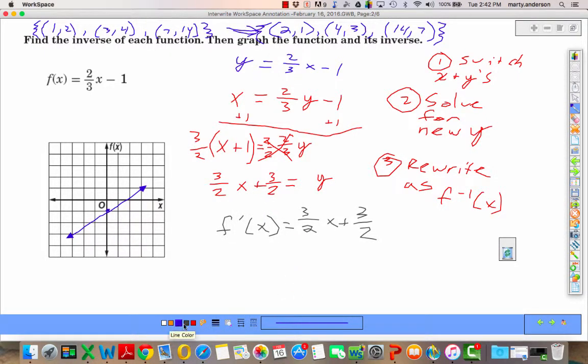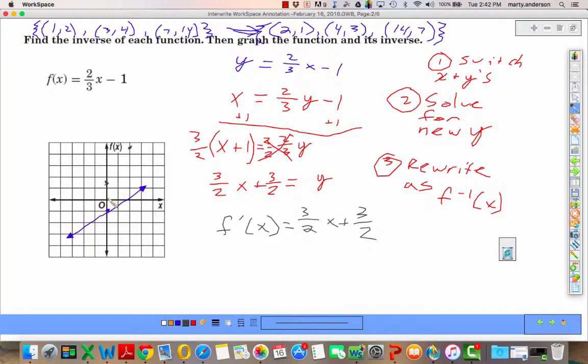And I'm going to graph the other one. Y equals 3 over 2 x plus 3 over 2. So I'm up at 1.5. And if I have a slope of 3 over 2, I can go up 1, 2, 3 and right 2.